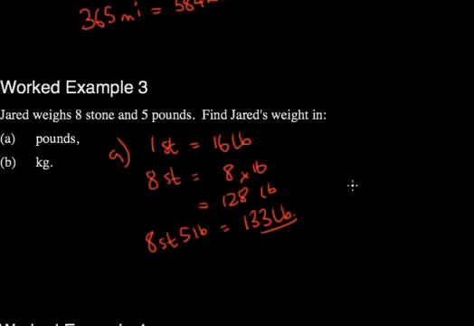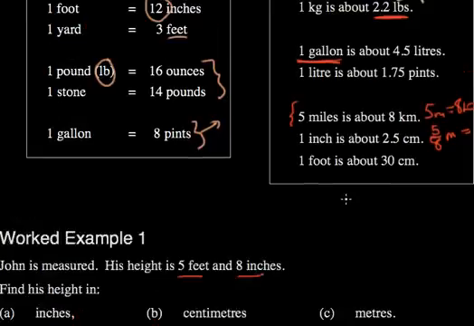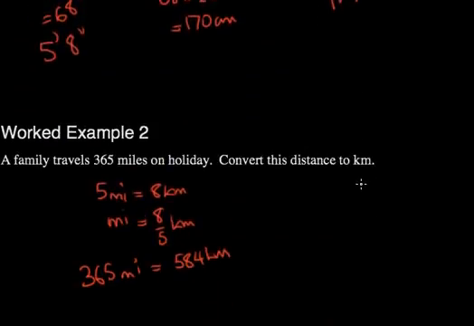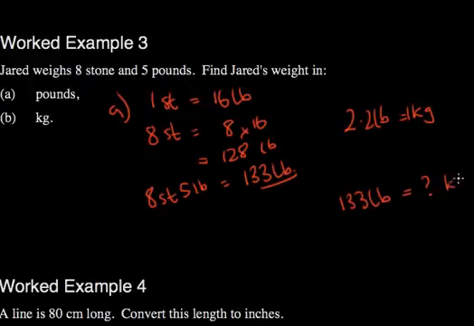Now to convert that into kilograms, we have to use our conversion chart from before. So we're looking for 2.2 pounds is 1 kilogram. So if we know 2.2 pounds is 1 kilogram, so to find 133 pounds in terms of kilograms, we can use our conversion that we've got before.